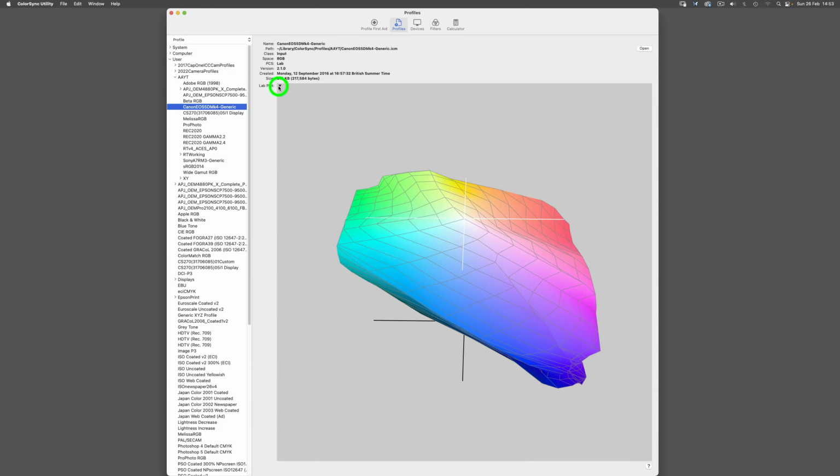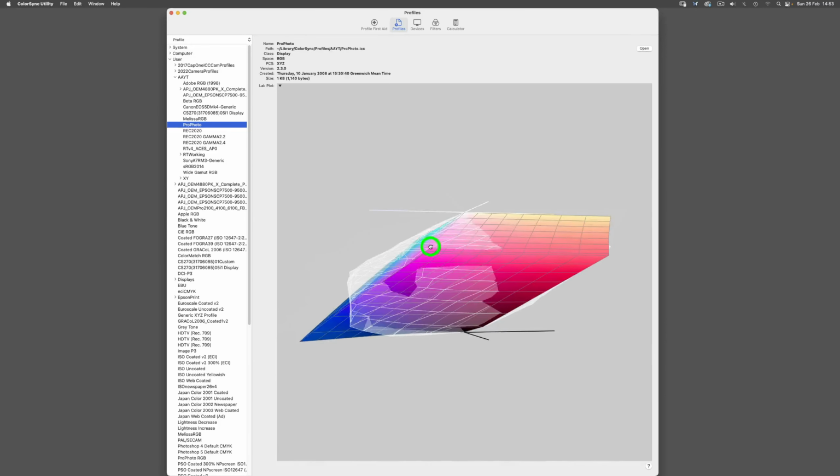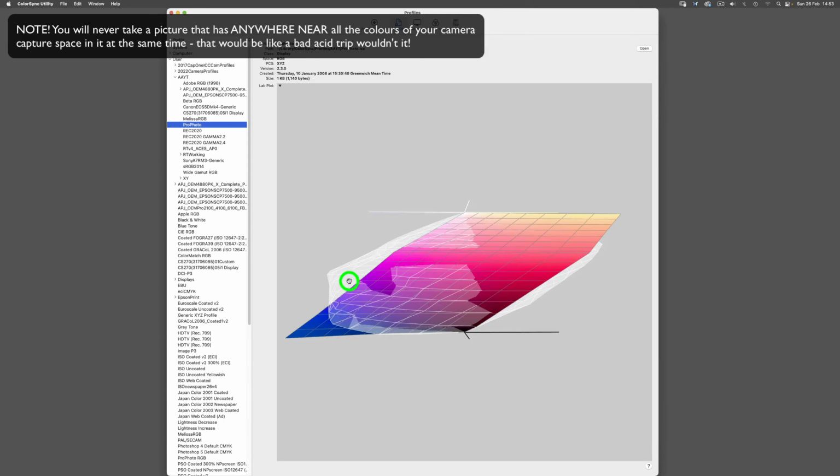So if we hold that for comparison and we look at ProPhotoRGB, you can see that even ProPhotoRGB is not big enough to hold all the colours that are potentially capturable, there we go, use that word again, by your camera.